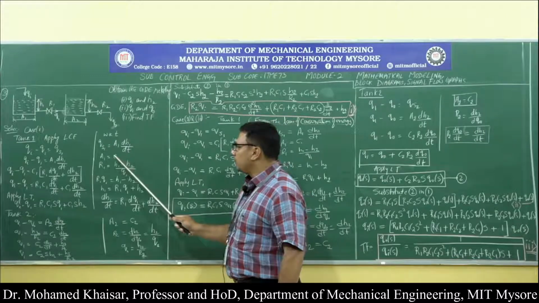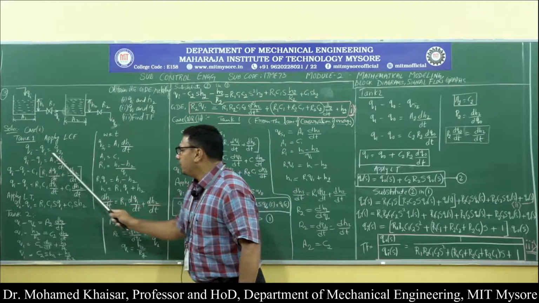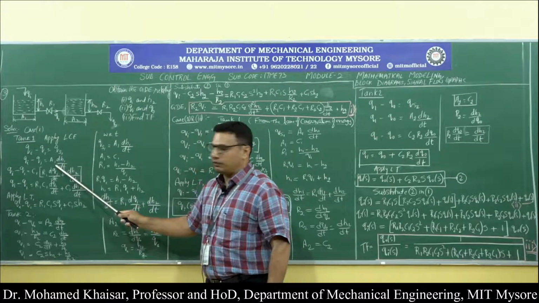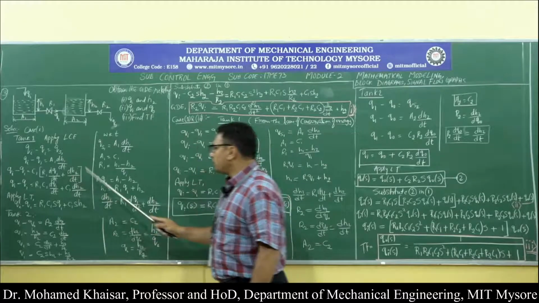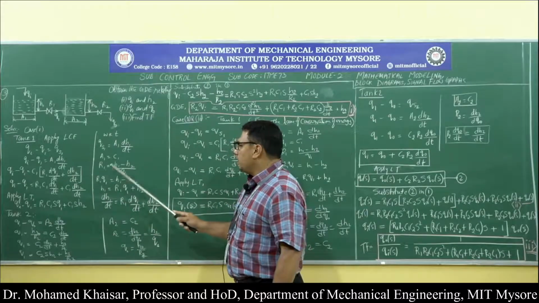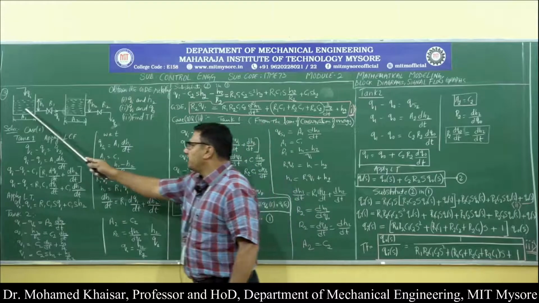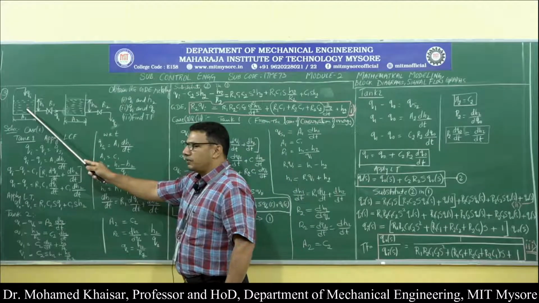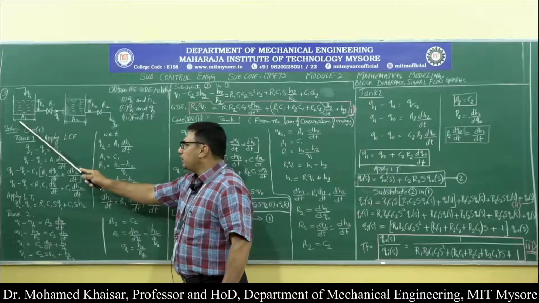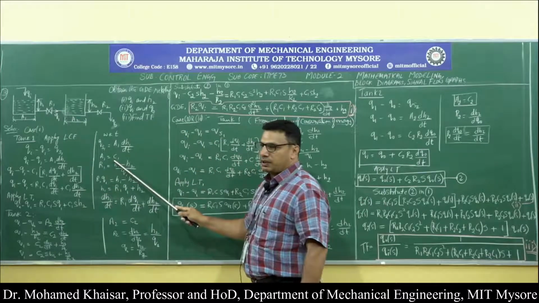So we will replace Qs1 by A1 into dH1 by dt. Now, we also know from the network approach that the hydraulic capacitance for tank 1, that is C1, is nothing but the surface area of the tank, as has been written over here.